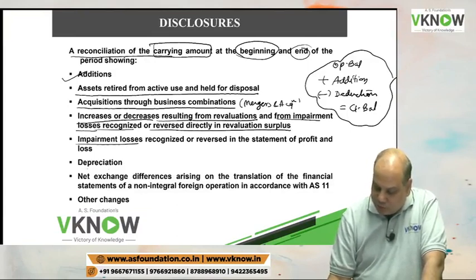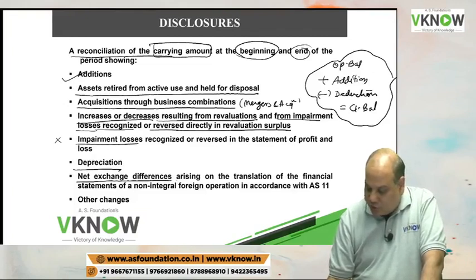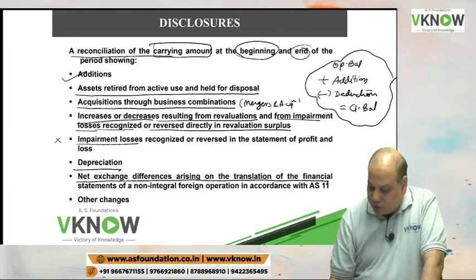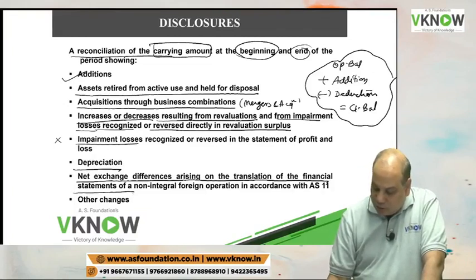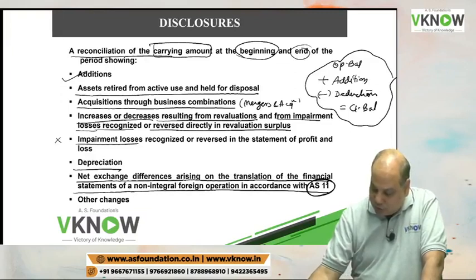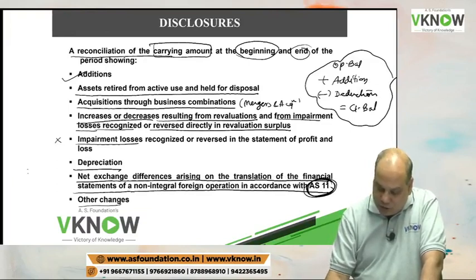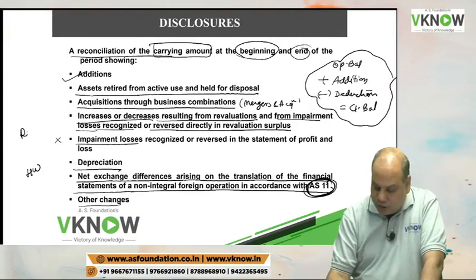Impairment loss, this you have not studied, so I will not speak much. Depreciation. Net exchange difference arising on translation of financial statements of a non-integral foreign operation as per AS-11. This AS-11 is for the next lecture, and other changes. Remaining disclosures read as homework.